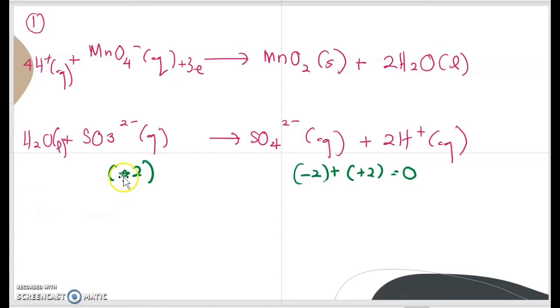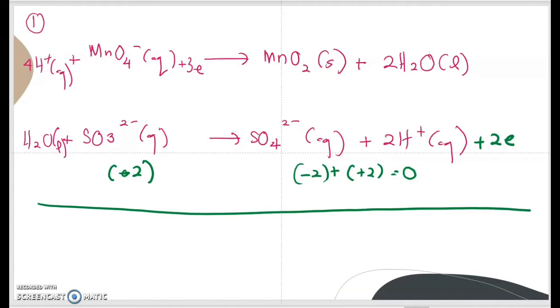Between negative 2 and 0, which one has the higher oxidation number? 0 is bigger than negative 2. We should add the electron here. So we add another 2 electron. Okay, so this side is negative 2, and this is also negative 2. So this equation and this equation are correct.